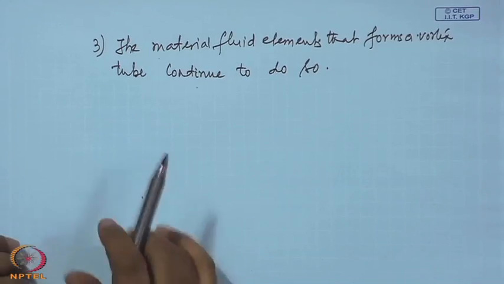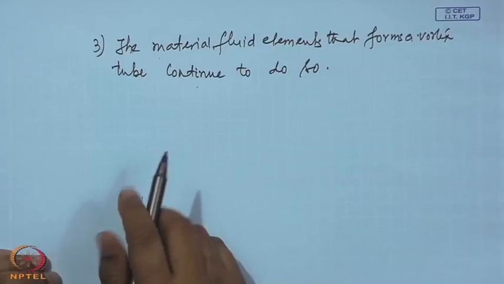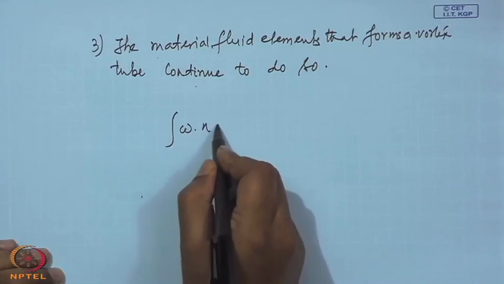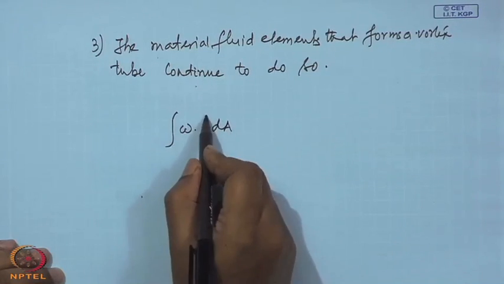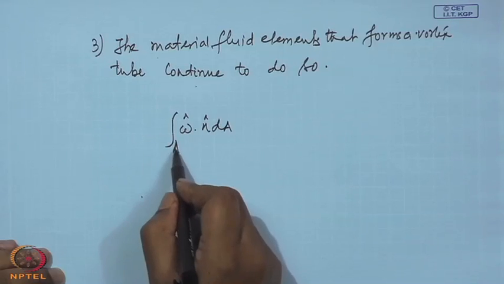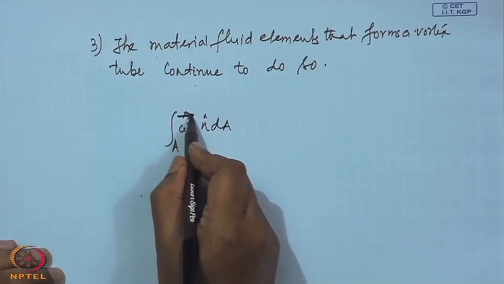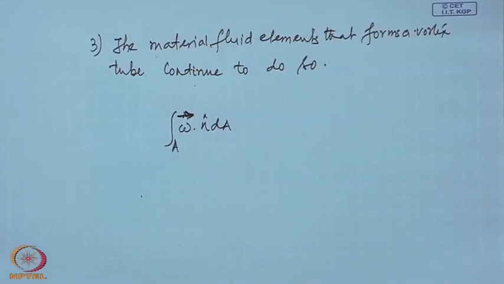Now, see it in another way. Think about that same open surface A that we are considering. For an open surface, area integral over an open surface, that is omega n dA, where this A is an open surface, sorry. That means, it is not enclosing any volume.